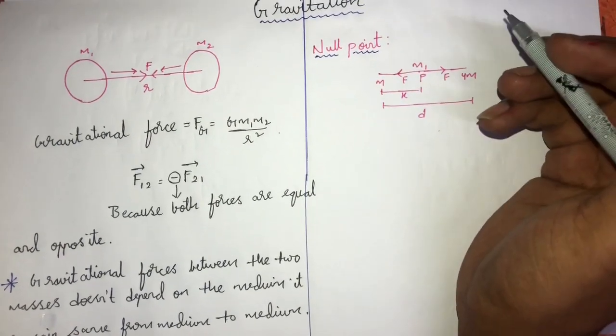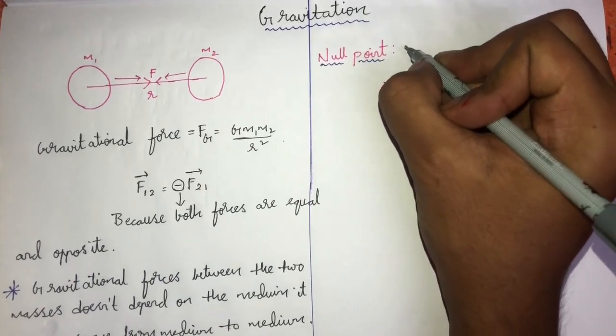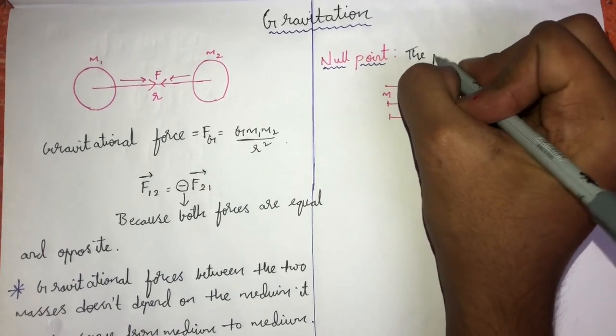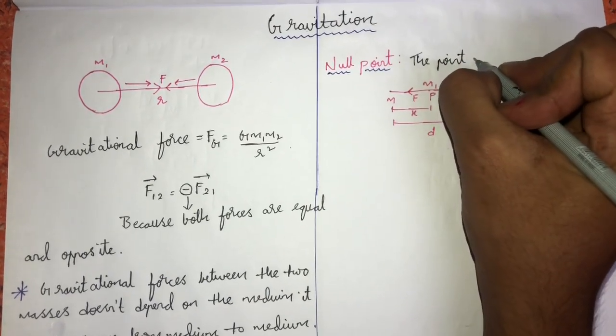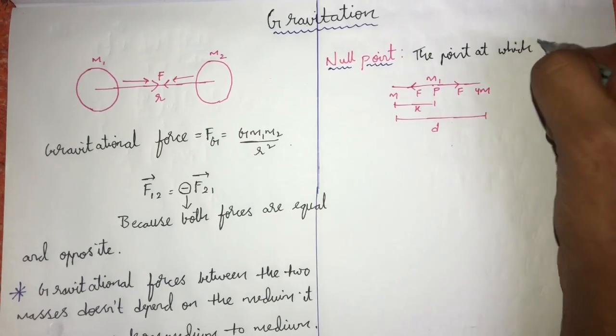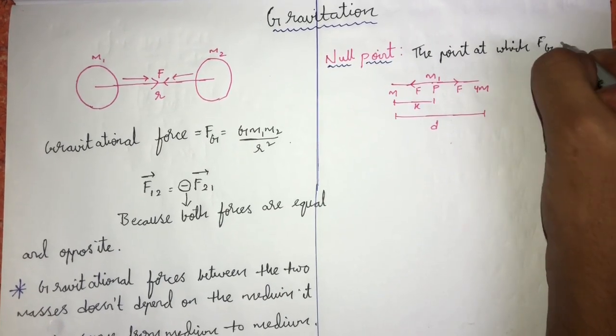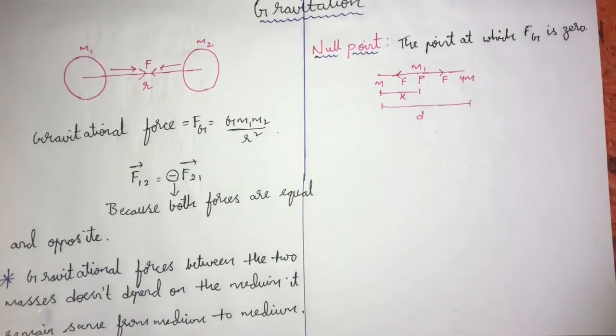What do you mean by null point? Null point is nothing but the point where the gravitational force will be equal to 0. Gravitational force is 0.